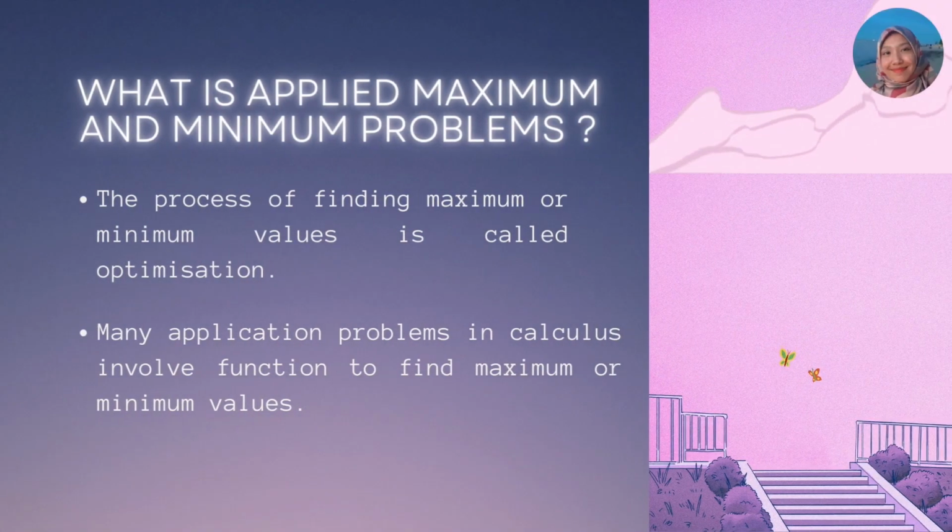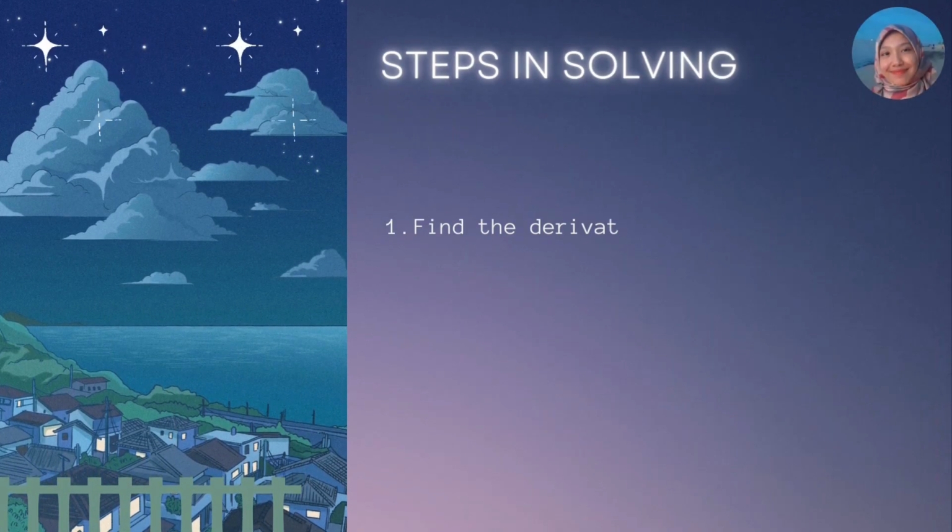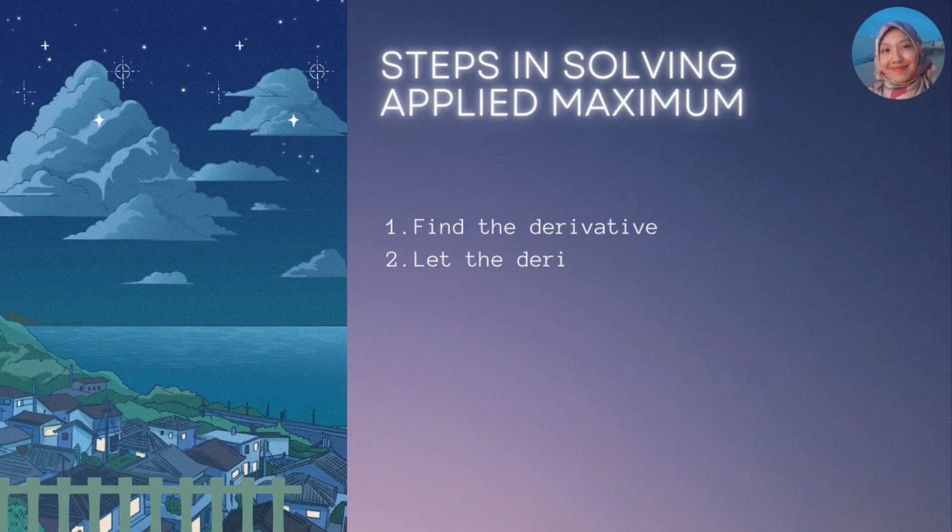So next, we will discuss applied maximum and minimum problems. Applied maximum and minimum problems is the process of finding maximum or minimum values, which is called optimization. Many application problems in calculus involve functions to find maximum or minimum values. There are three steps in solving applied maximum and minimum problems.